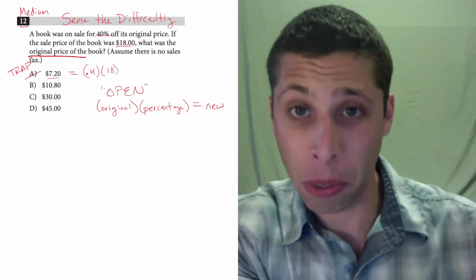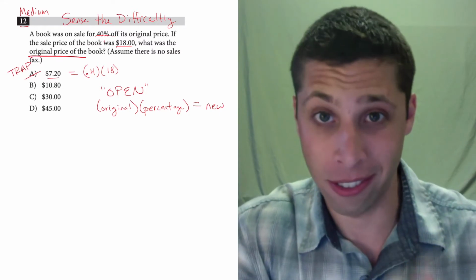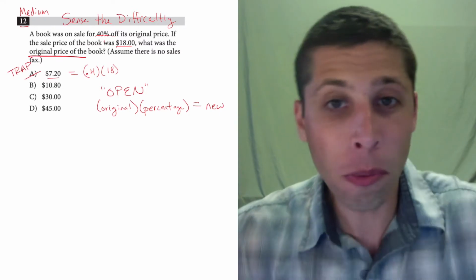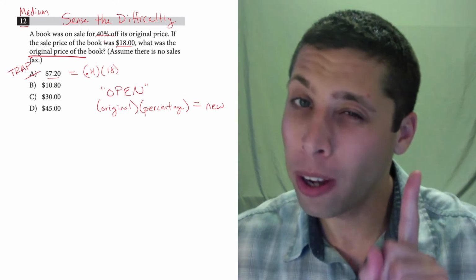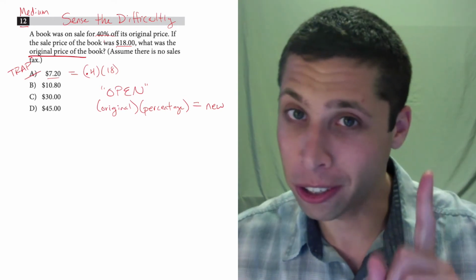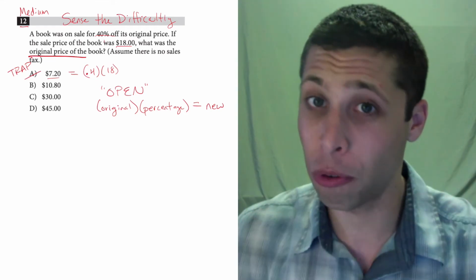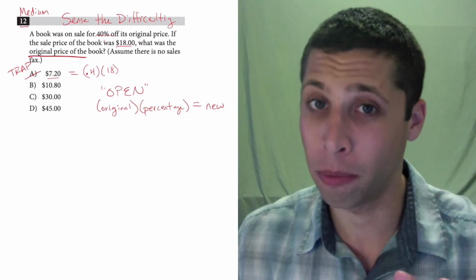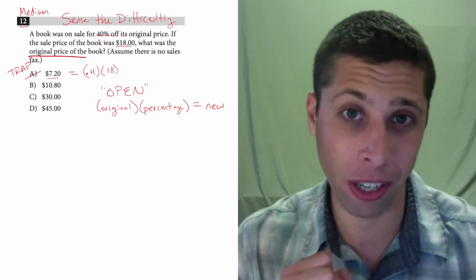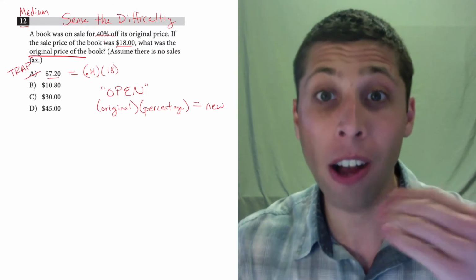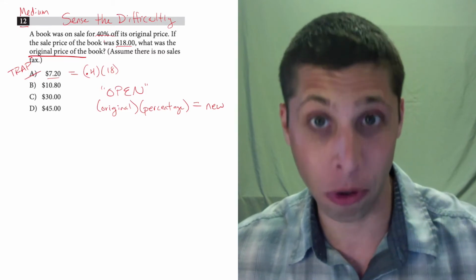So there's an original price of the book. They literally say that. That's in the question. And then there's a new price of the book, the sale price after the discount. But I'm going to make one slight adjustment here. We can still use this formula for percentages, but it'll be more helpful since we're talking about a percent increase or decrease. It's much more helpful to involve that decrease in the formula itself.